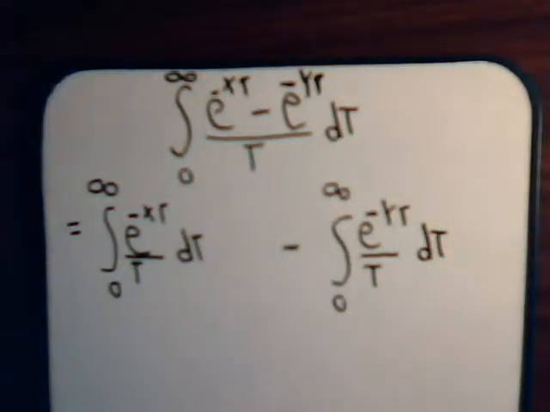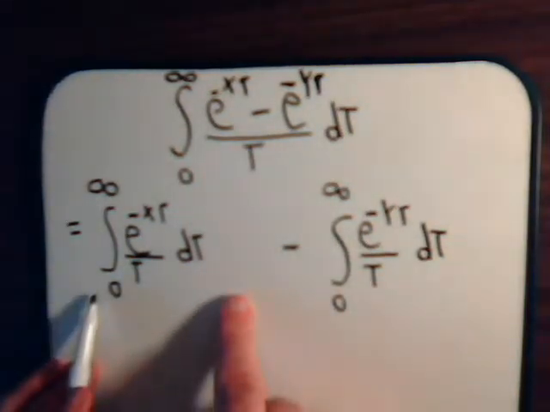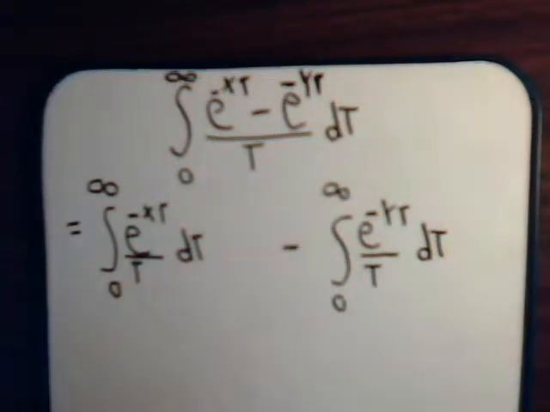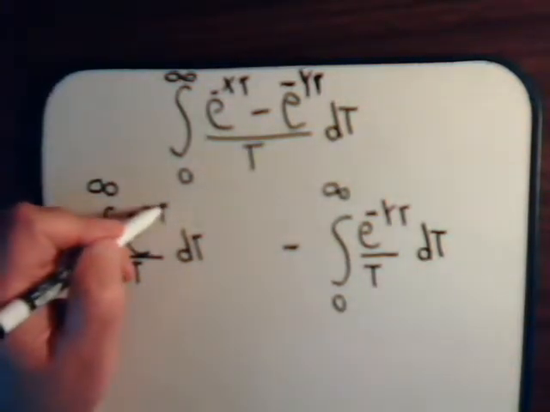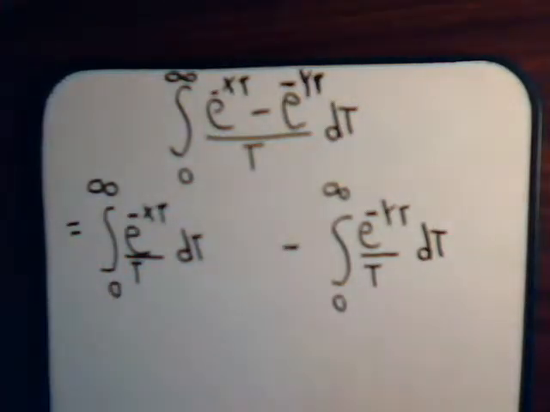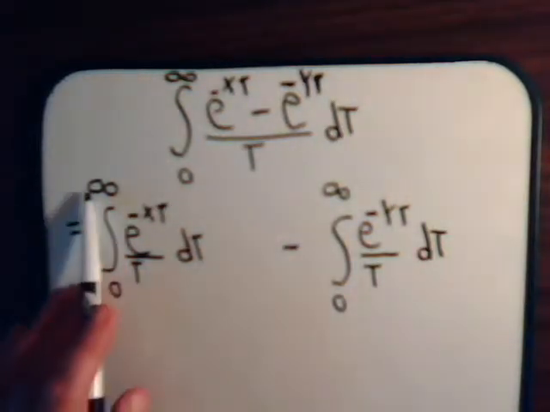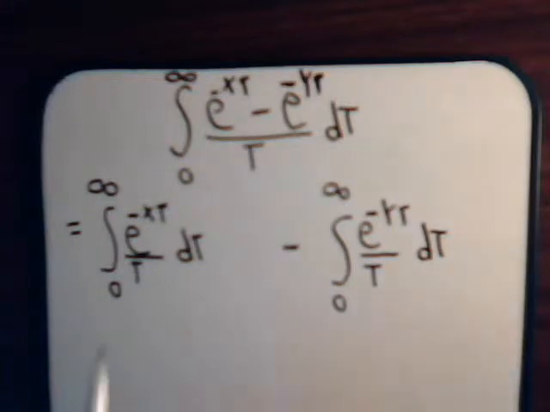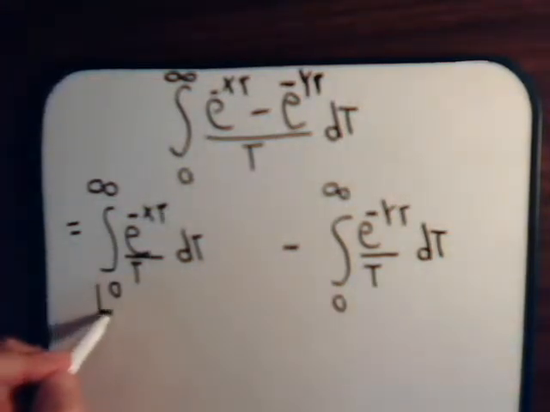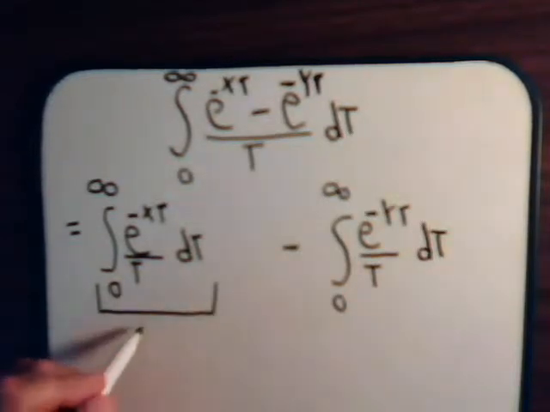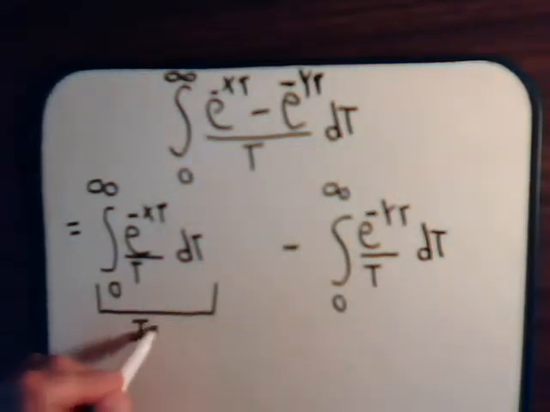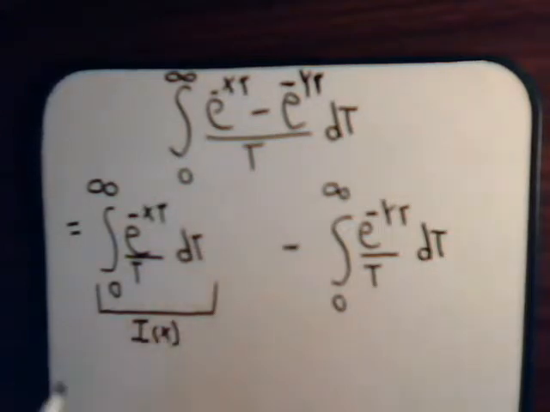Now, if we could integrate this, it would come out as some function of x. When we integrate it, initially we'd have a function that would have x and t in it, then we would substitute 0 and infinity for the t's, so you'd have only a function of x remaining. So this is some function I of x, and again, we've discussed this in more detail in the previous videos in this series.